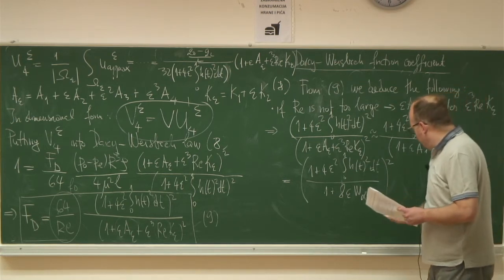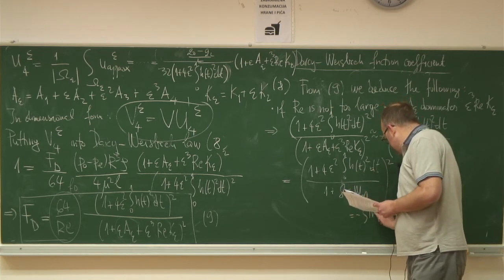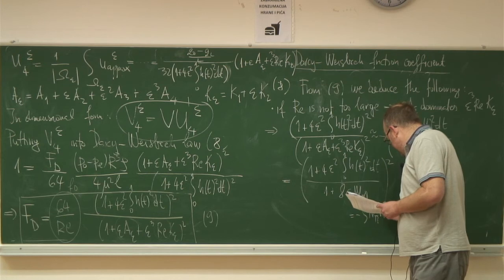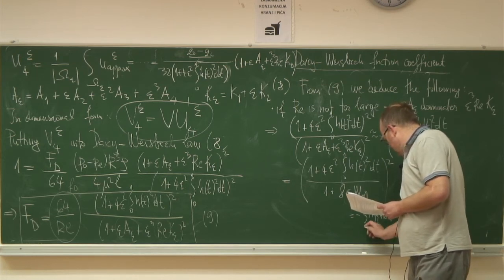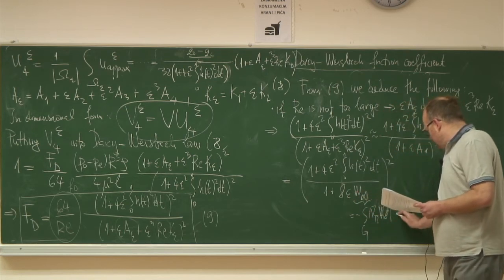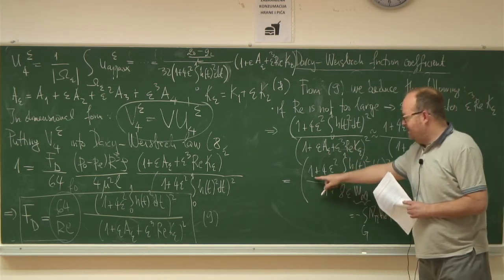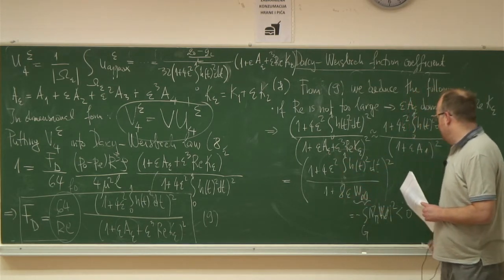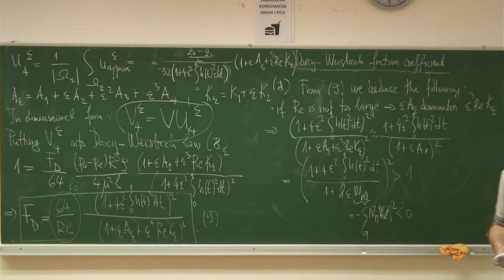And if you recall, this guy here was computed as minus something like this, yeah? Okay? And it's obviously negative, okay? So this is positive, we have 1 plus something negative, so this guy here is obviously greater than 1.